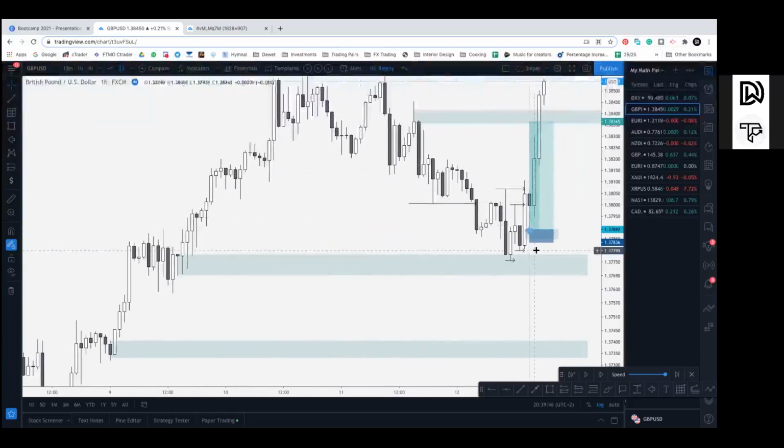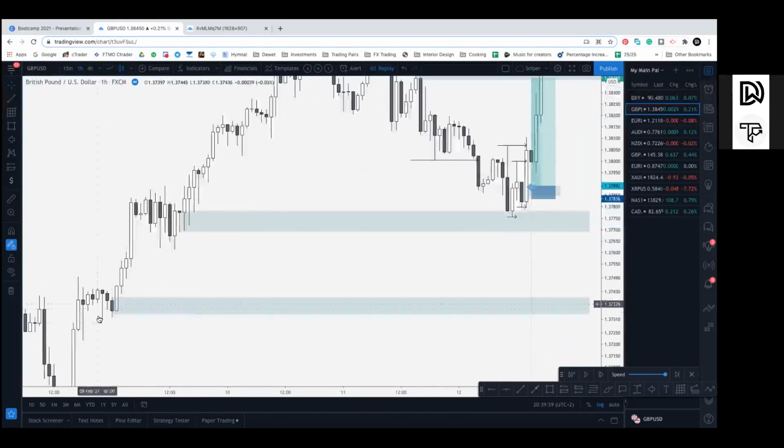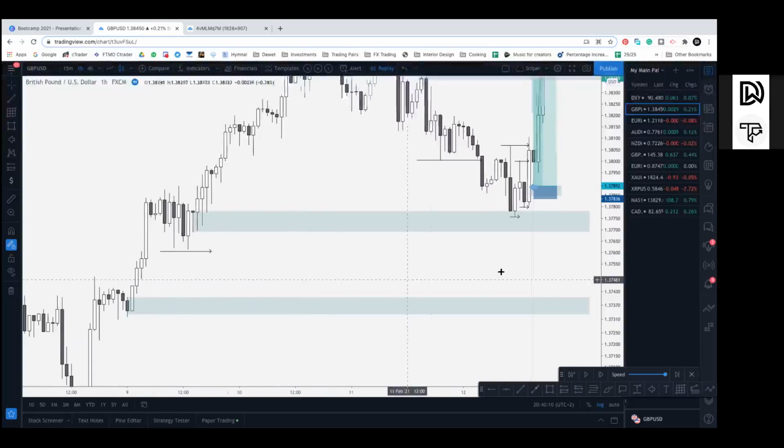And I do think that price did react off of this compression, like you said, but it just doesn't fit my plan really. Because off the bat, to look for a trade in this area, I would rather have looked for something in this area, because we have these semi-equal lows. So this area fits more what I'm looking for in a trade.